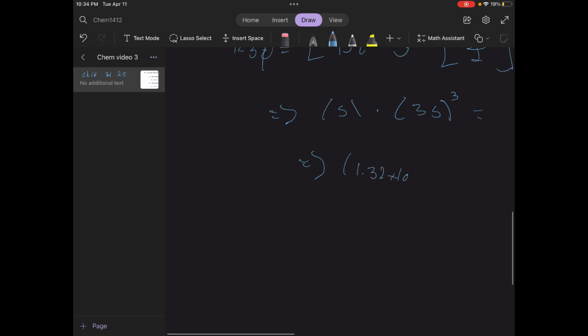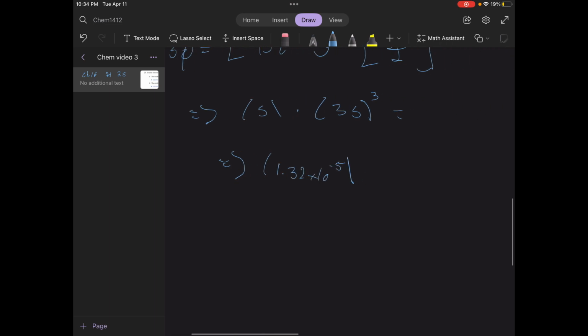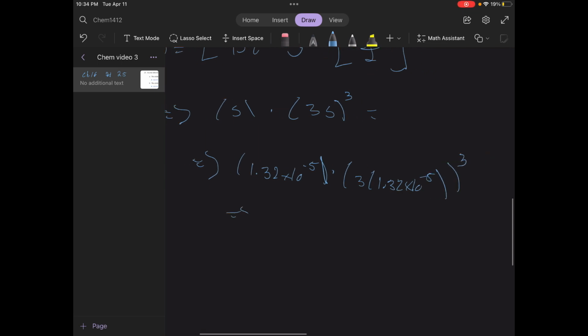So 1.32 times 10 to the negative 5 times 3 times 1.32 times 10 to the negative 5, all this cubed. And then we get a Ksp value that is equal to 8.20 times 10 to the negative 19.